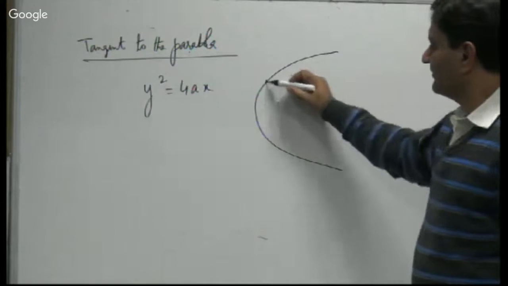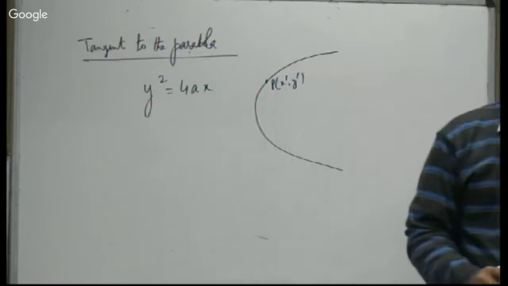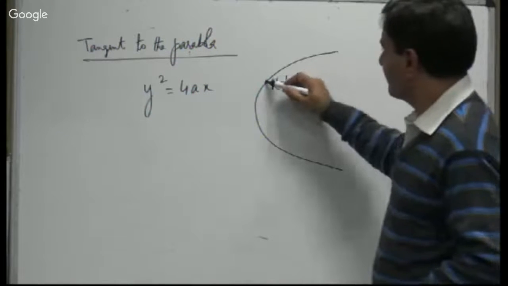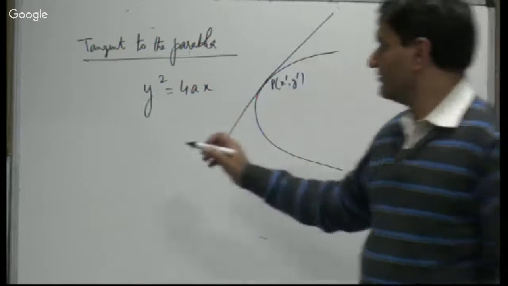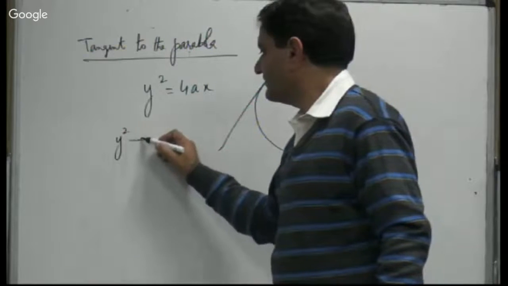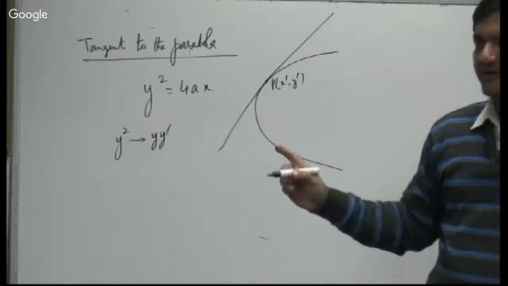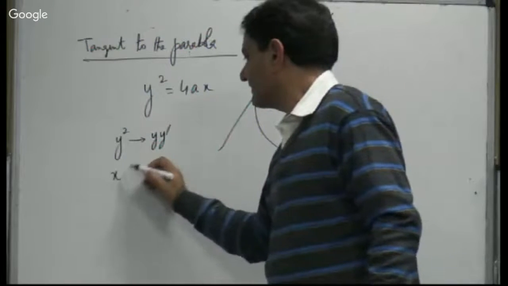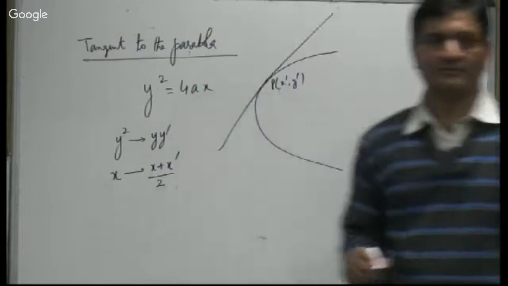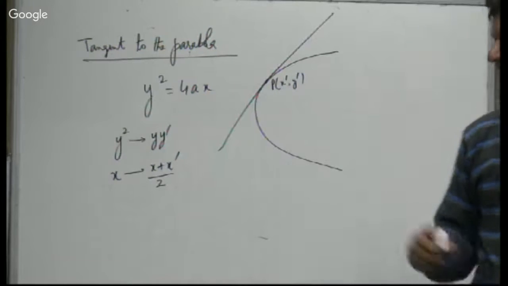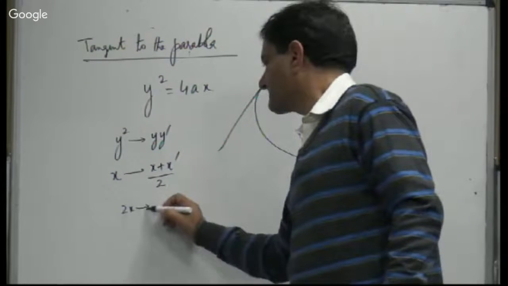There is a point x dash, y dash. For tangent at the point x dash, y dash, what we do is y square becomes y y dash, remember this, and x becomes x plus x dash by 2. Y square will become y y dash and x will become x plus x dash by 2, or you can just write 2x equal to x plus x dash.